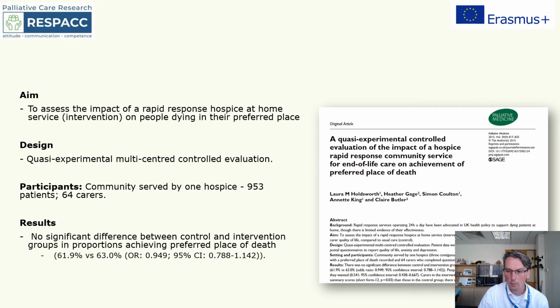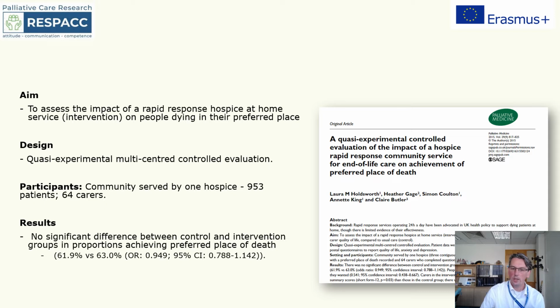An interesting quasi-experimental study is this one done in the south of England, which looks at the impact of a rapid response hospice at home team on the ability for patients to die in their preferred place of care. It was a multi-centred study, conducted over a number of sites.